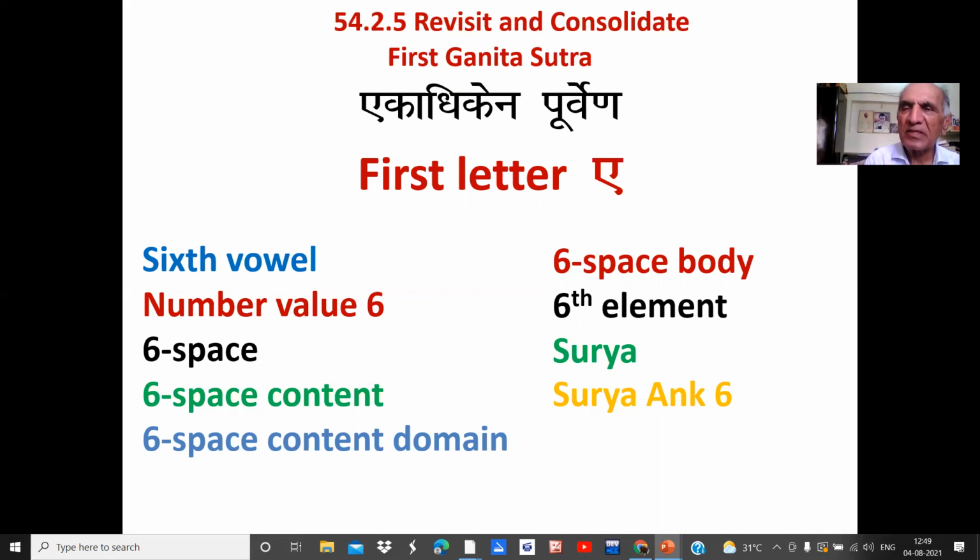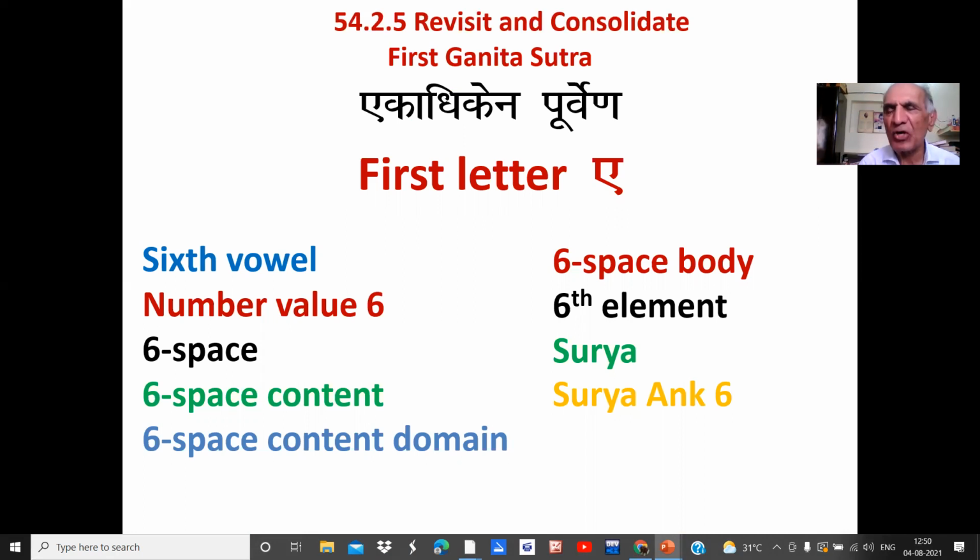The uppermost surface is letters, and beneath it are the numbers, and still beneath the numbers are the Sthapatya, the geometric formats. Therefore, the first letter as sixth vowel takes us to number value 6, and then it takes us to sixth space. The sixth space takes us to sixth space content. Sixth space content takes us to sixth space domain. Sixth space domain takes us to sixth space body. It takes us to sixth element.